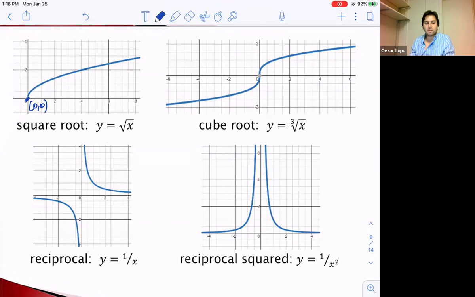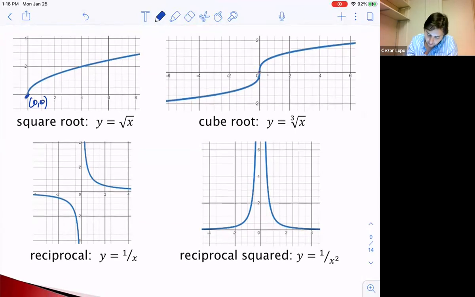reciprocal, y equals 1 over x, and you see, in this case, let me go back here. Here we have the origin again, but in this case the origin is gone, so we don't have it.